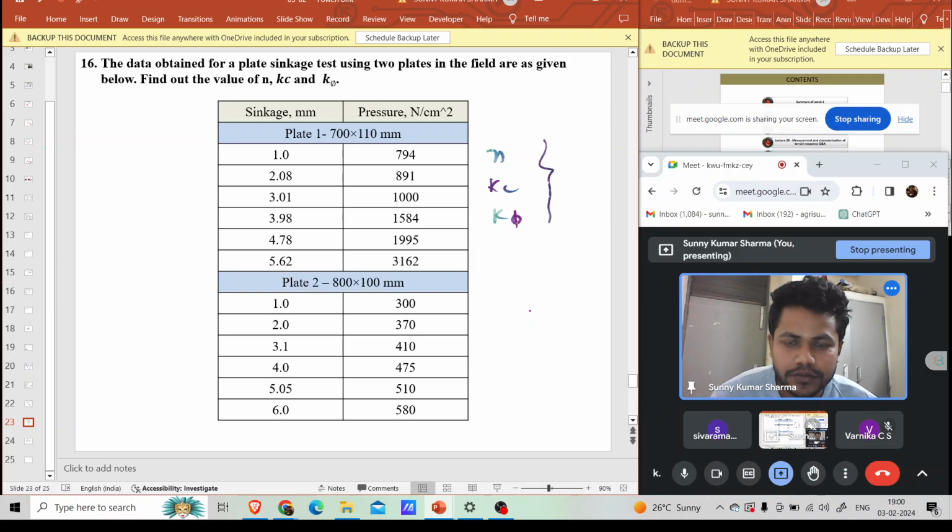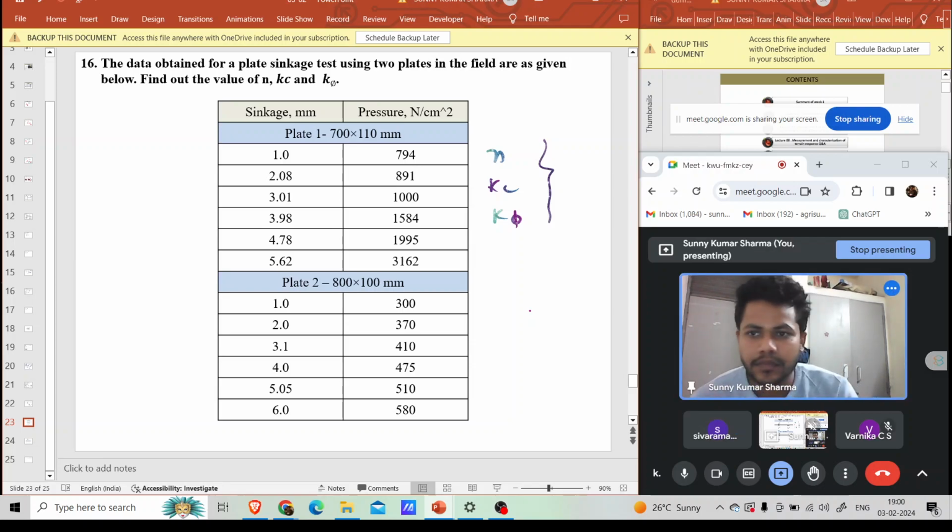For n, what we do? To find n, we should be plotting the graph for P versus Z, sir, which means a graph of pressure versus sinkage.